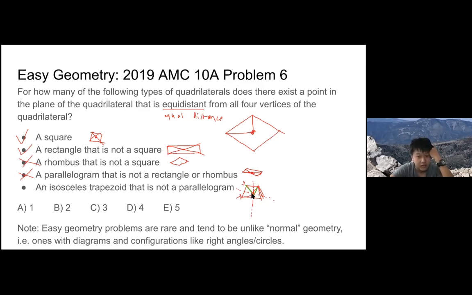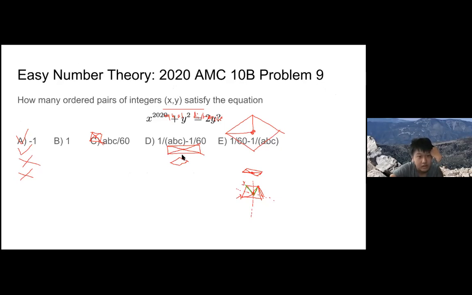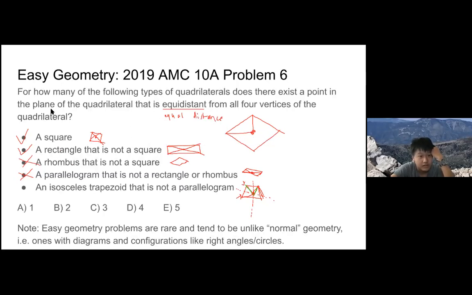Likewise, these two on the bottom are also the same by the same reason. So this point is the same distance from all four vertices because we already know these two are equal. And so, yes, an isosceles trapezoid does work. That gives us the answer as 3. Are there any questions about that?